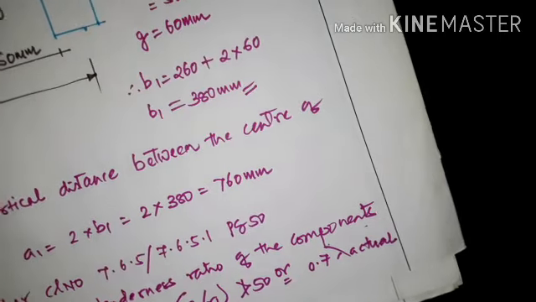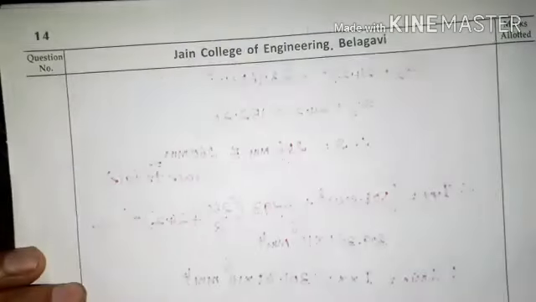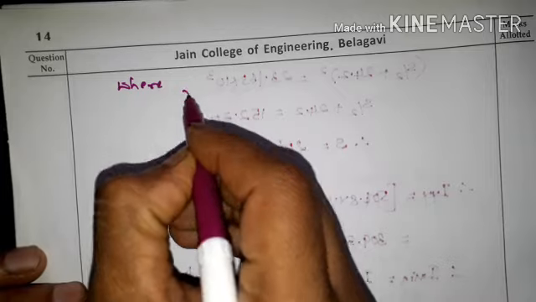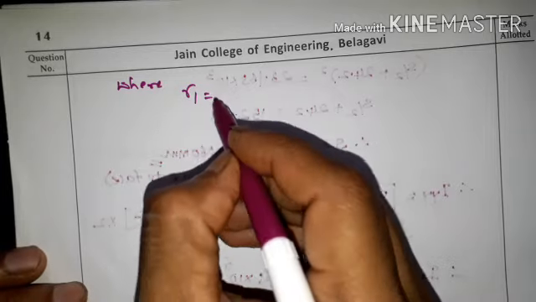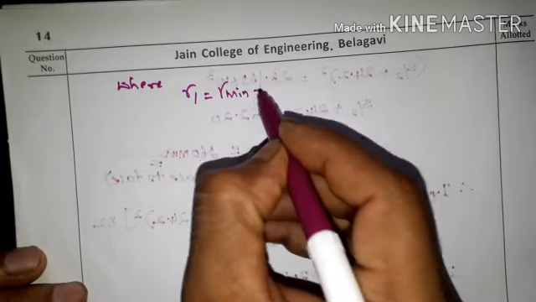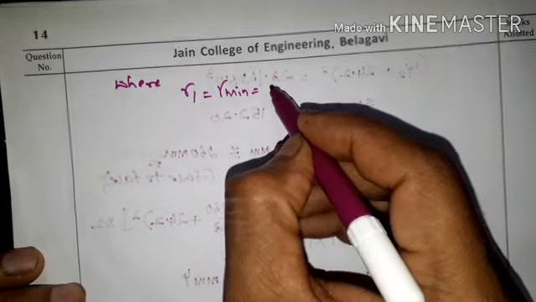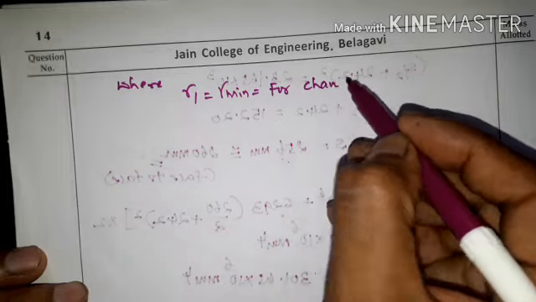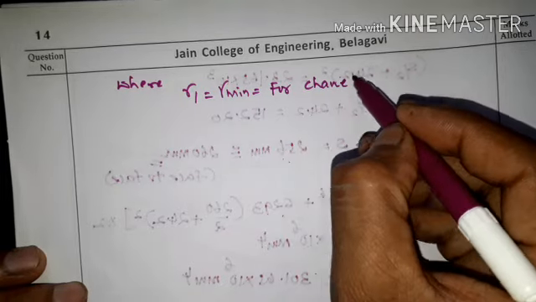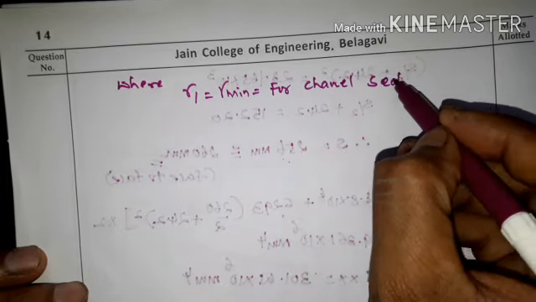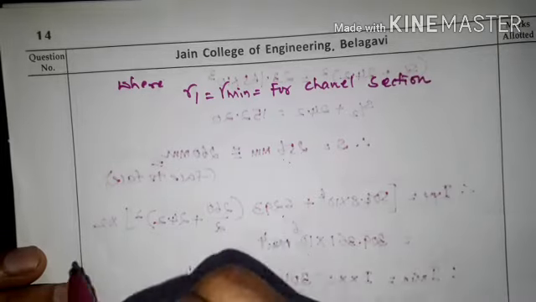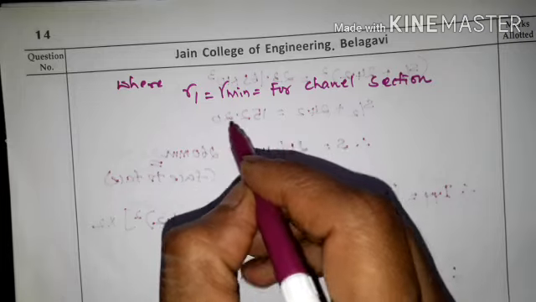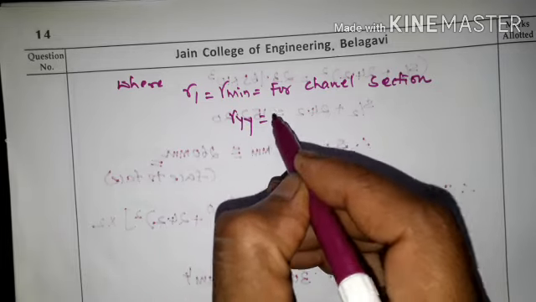Okay, so where R1 is equal to R minimum for channel section. For R minimum for channel section, we will get it from the steel table, that is RYY.